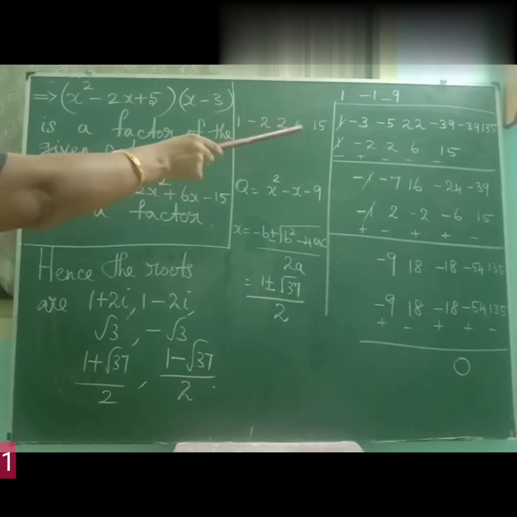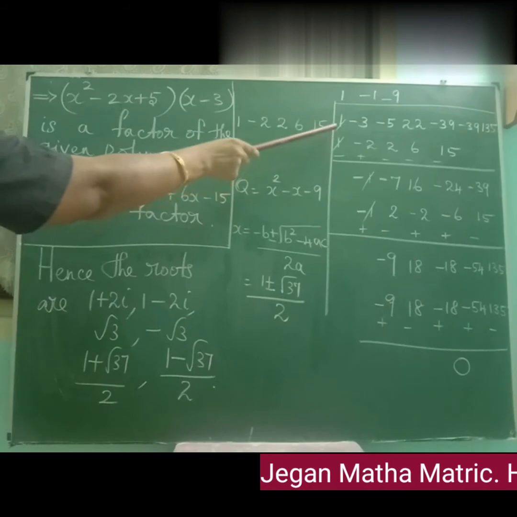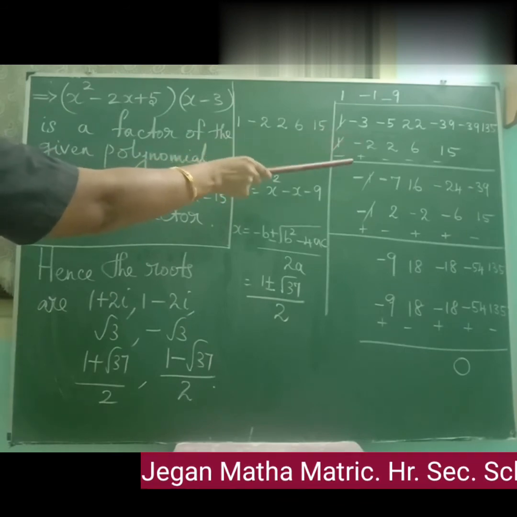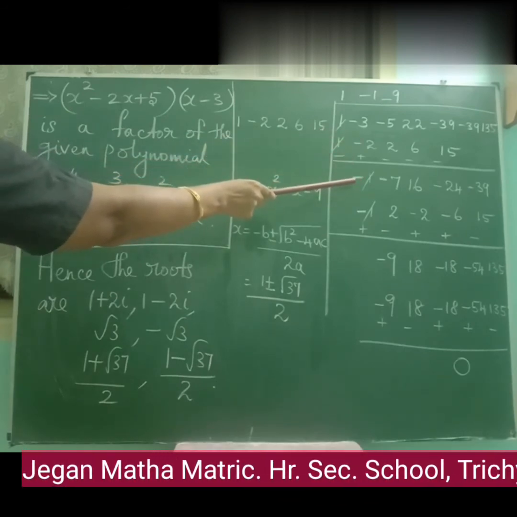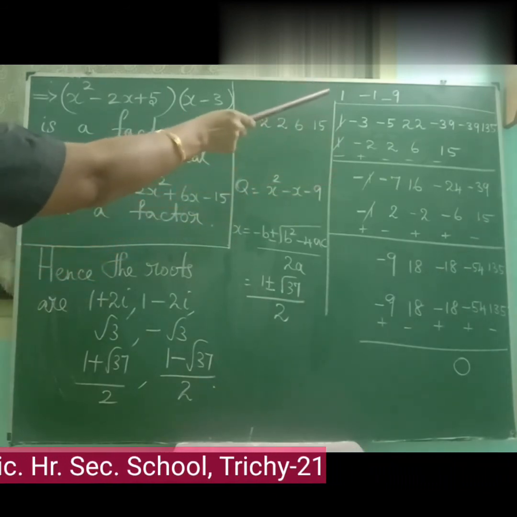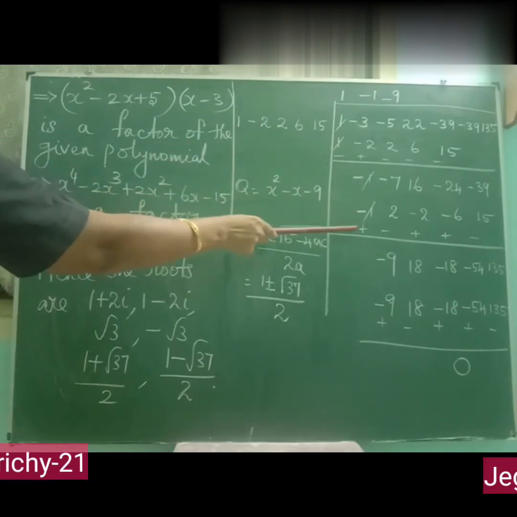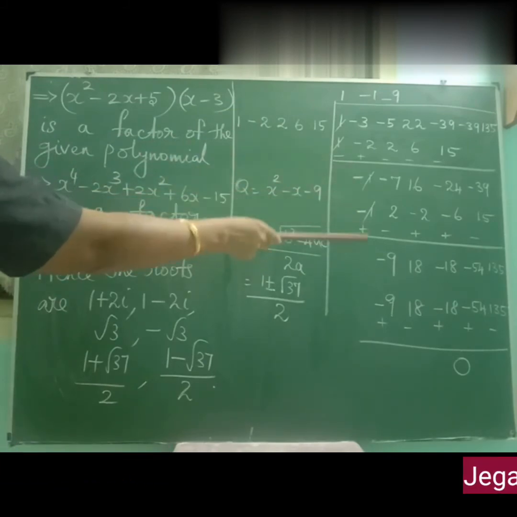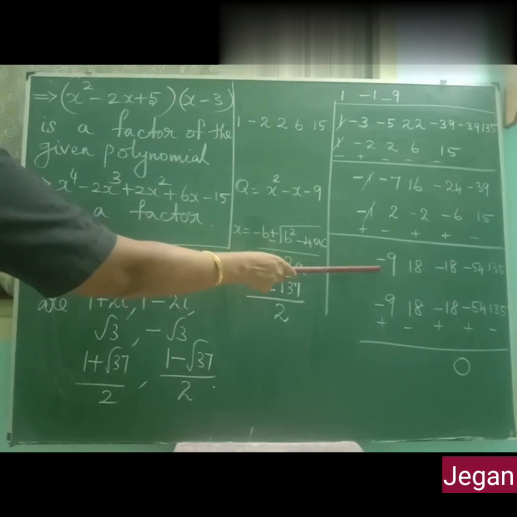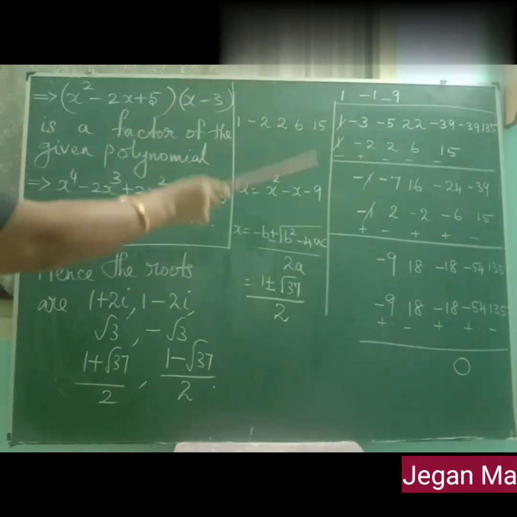Then to cancel this, change all the signs. So the first one is cancelled. Now we get minus 1. Minus 1 divided by 1, again we get minus 1. Multiply minus 1 with all these values and write it here. Change all the signs. Again we get minus 9. Minus 9 divided by 1, we get minus 9.